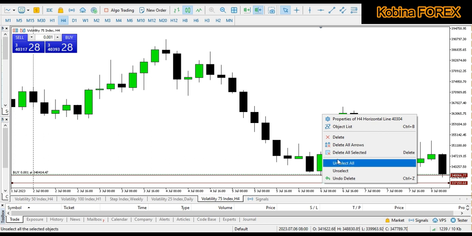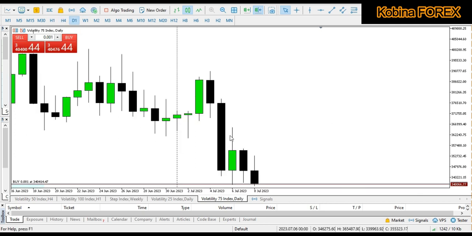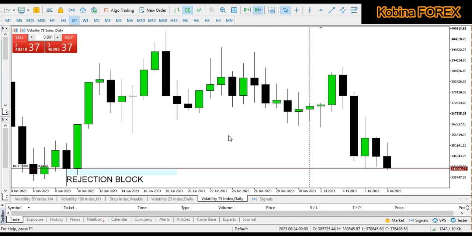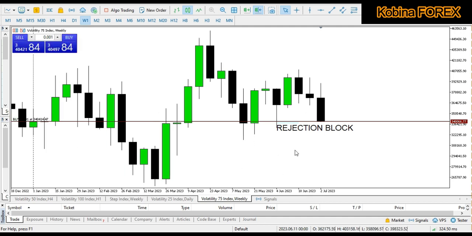All right, now let me show you another rejection block that has already been formed that your attention has not been drawn to. Let's move on to the higher time frame, which is the weekly time frame, sorry. Can you see any rejection block formed inside this area?